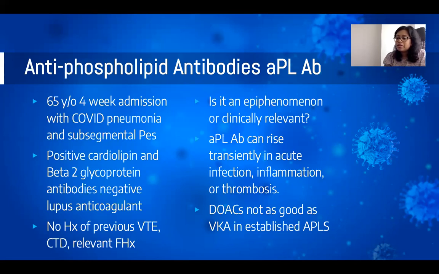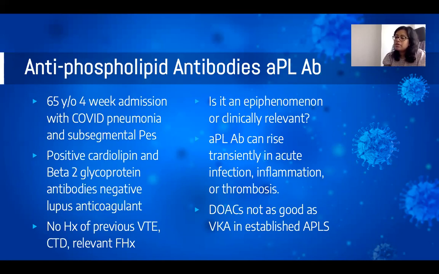The case that triggered my inquiry into this was of a 65-year-old Asian male with a past medical history of hypertension, admitted a couple of months ago. He was admitted with COVID PCR positive pneumonia and CT findings typically showing COVID pneumonia, and he also had subsegmental PEs.